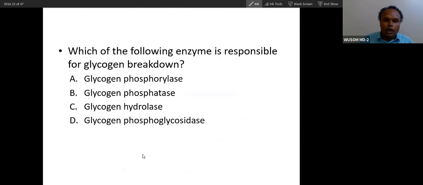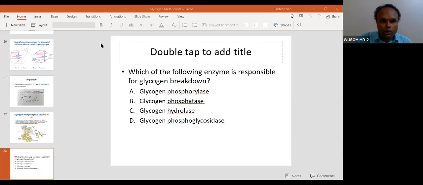So you can see, now you can solve this question. Which of the following enzymes is responsible for glycogen breakdown? A is the enzyme, glycogen phosphorylase. And what you knew about glycogen phosphorylase, through that cartoon. So don't forget that also. This is the same thing.